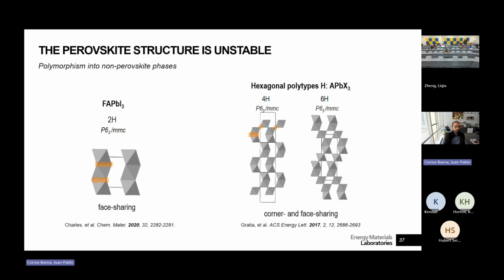So for example, here, what happens is that we have octahedra that are cleaving and forming these smaller structures, or in other cases we have some corner sharing and then no corner sharing here. So there's a bunch of different phases that can form, and we call these hexagonal polytypes.